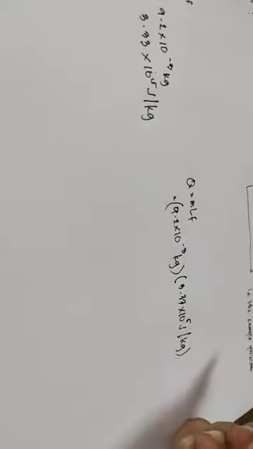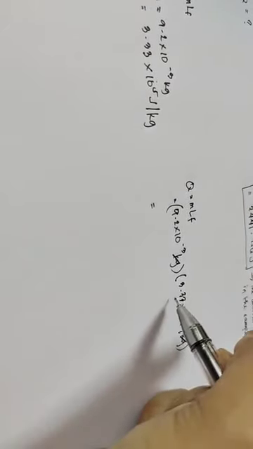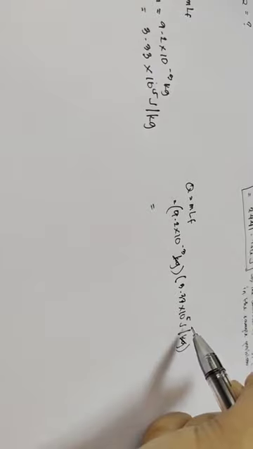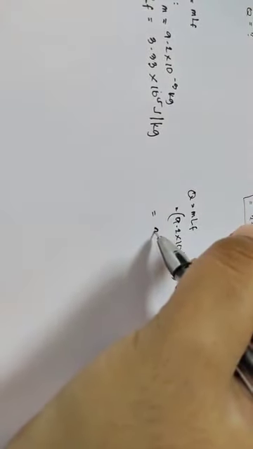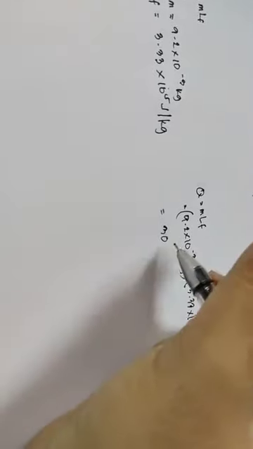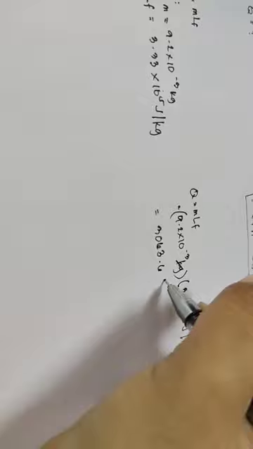Let's cancel out the same unit, which is the kilogram. So 9.2 times 10 raised to the power of negative 3 times 3.33 times 10 raised to the power of 5 joules is equal to 3063.6 joules.